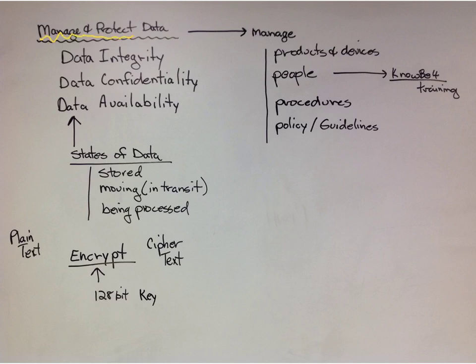We talked a little bit about managing and protecting data. This is a review. Can we trust the data? Who can see what? And we need to make the data available. And this digitized data, we talked about it being stored, when it's moving, and when it's being processed.